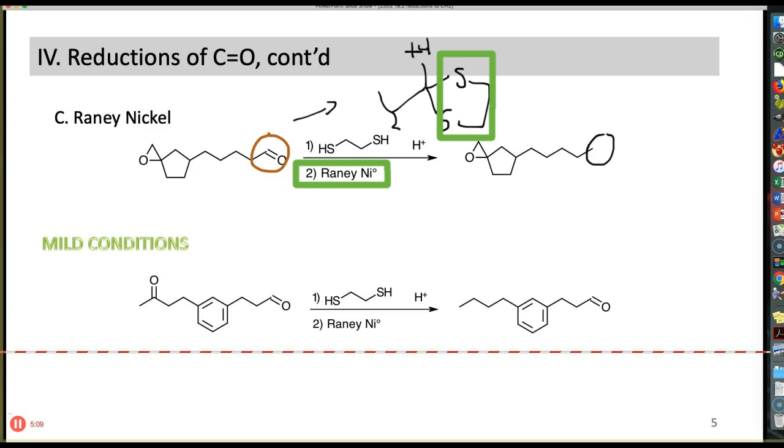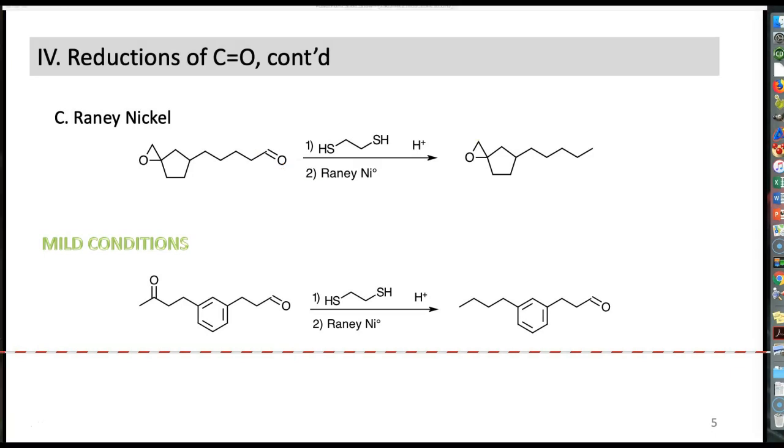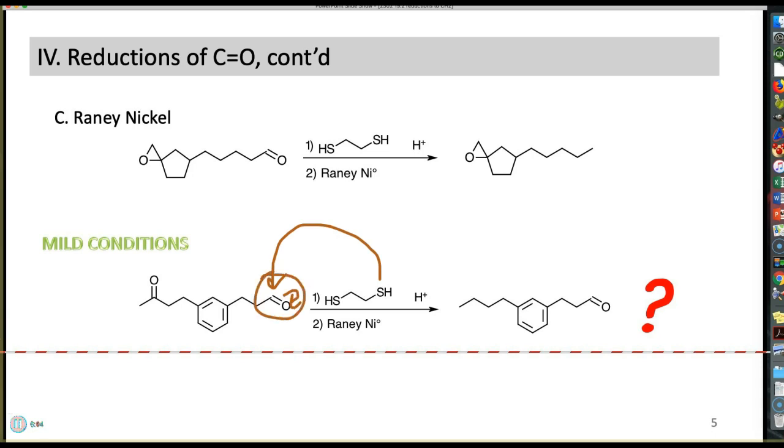So let's look at the example below. I ask you, will this reaction work? Well, it's super mild, right? But it won't work. Why not? It won't work because which is more reactive, the aldehyde or the ketone? And the aldehyde, of course, is more reactive. So when I try to make my thioacetal, it's going to react here.